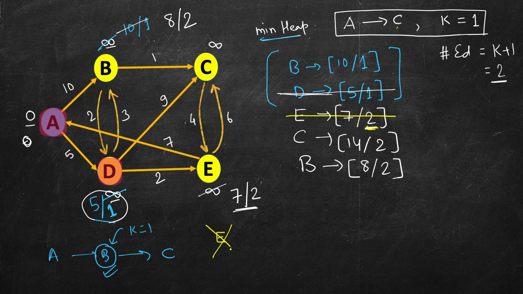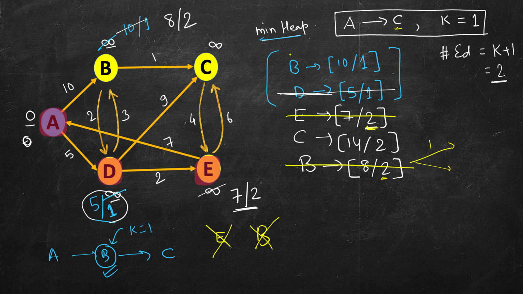So we do nothing with E. So let me mark it finalized. Next we see which is the minimum: 10, 14, 8. So minimum is B. So we pick B. Again, B is not the destination and the number of edges is 2, which is equal to this maximum limit. So we cannot look at its neighbors. Going to its neighbor will add one more edge. So we do nothing with this B.